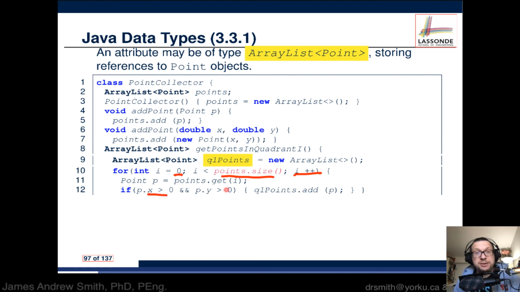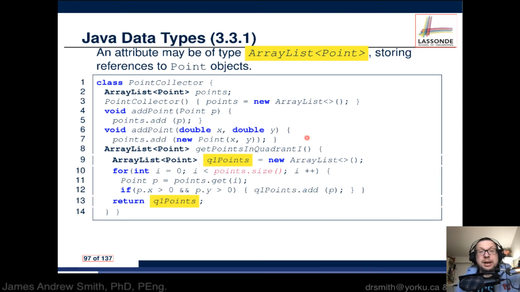Is the X value positive? And is the Y value positive? If so, then we add that object to Q1 points. And then finally, once we're all done, we have only the objects that are stored inside of Q1, so quadrant 1, and we're going to return it like this.